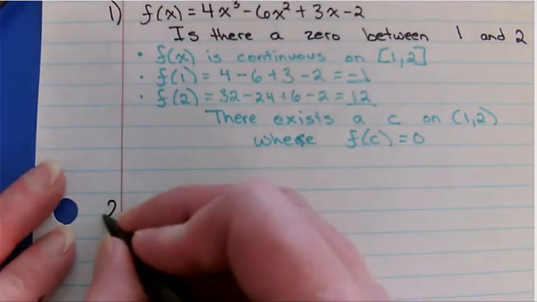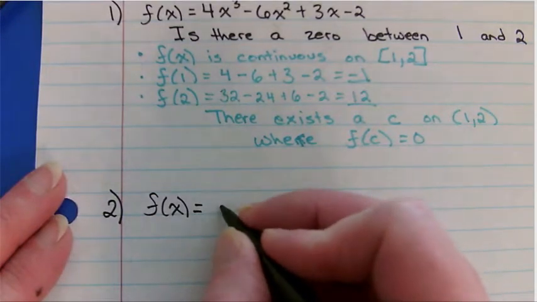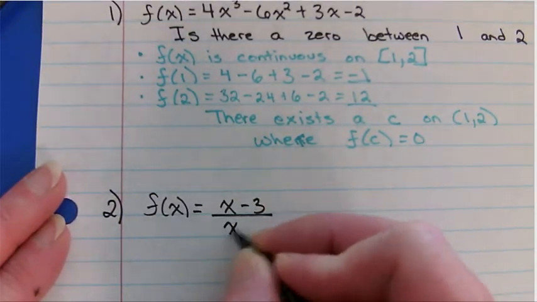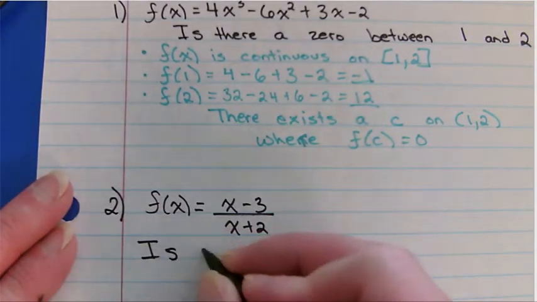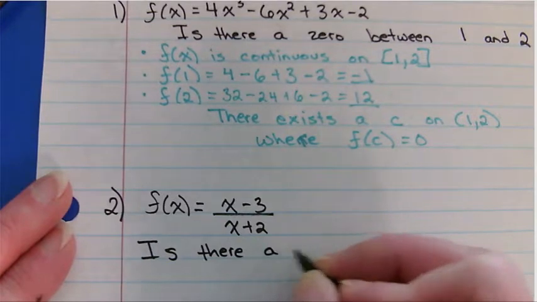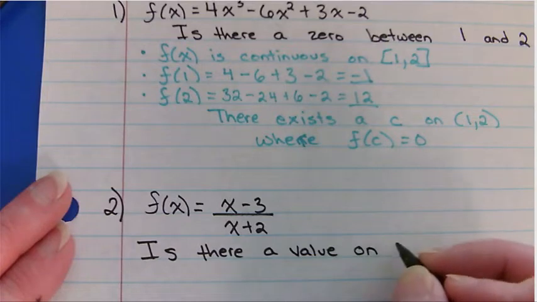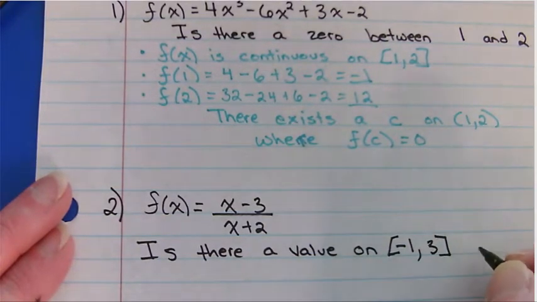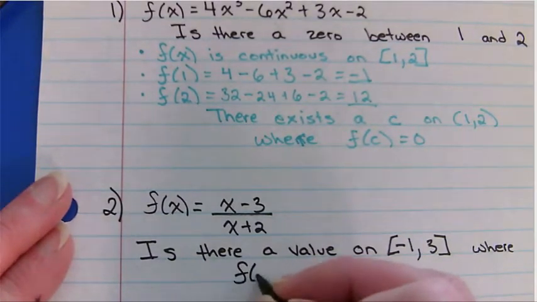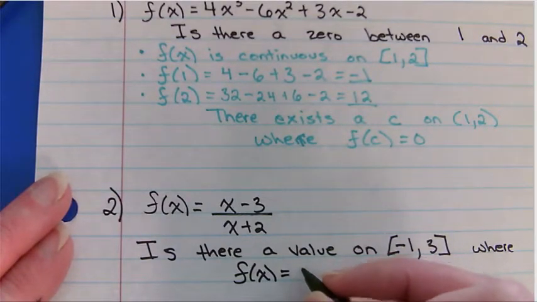What about if I had f of x equals x minus 3 over x plus 2? Is there a value on -1 to 3 where f of x equals 2/3?